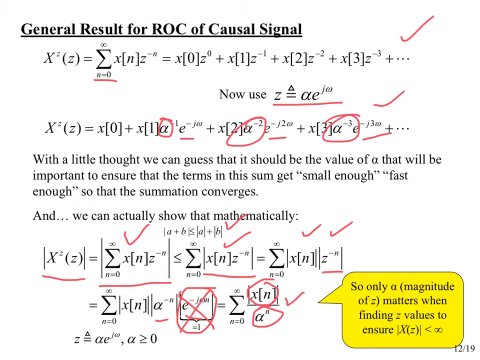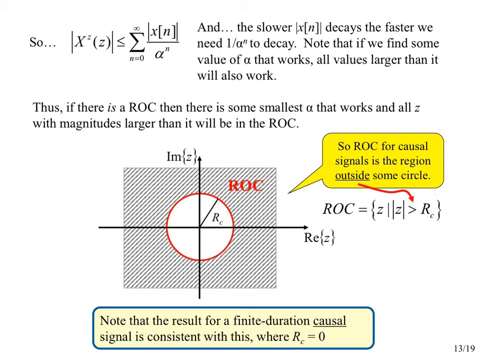The whole point of this is that we've just established that to bound this, if this is bounded, then this is bounded. And we can see that that happens only as a dependence on alpha, not on omega. So what that tells us is that for any causal signal of infinite duration, the region of convergence is the region outside of a circle.